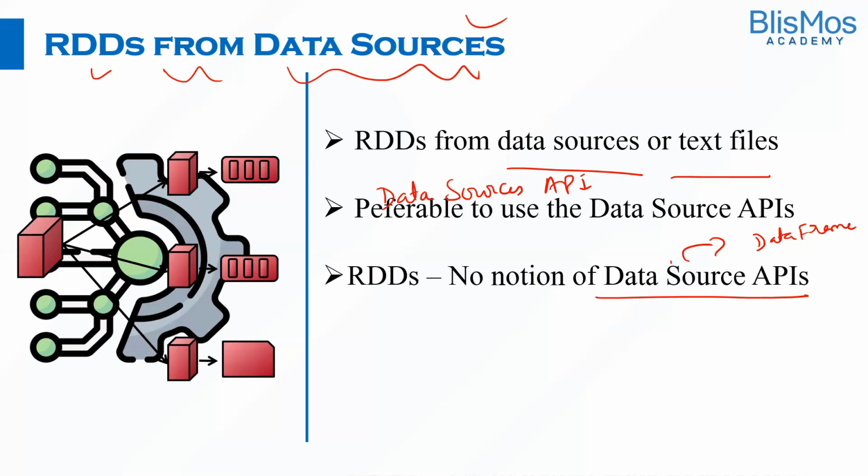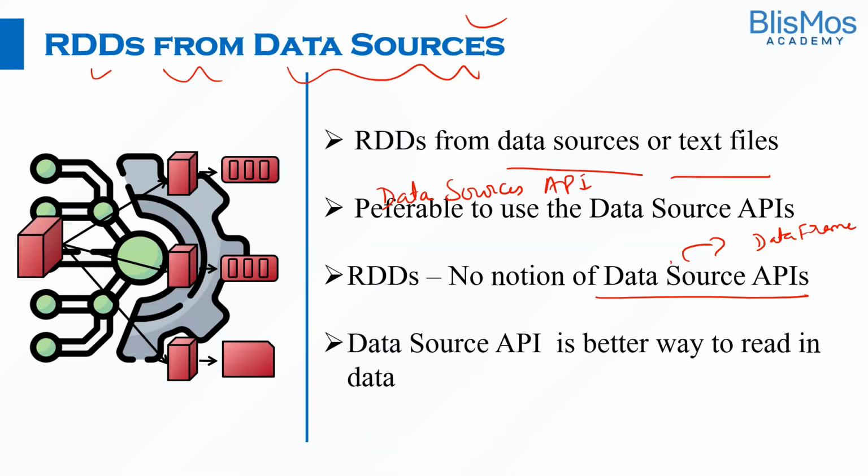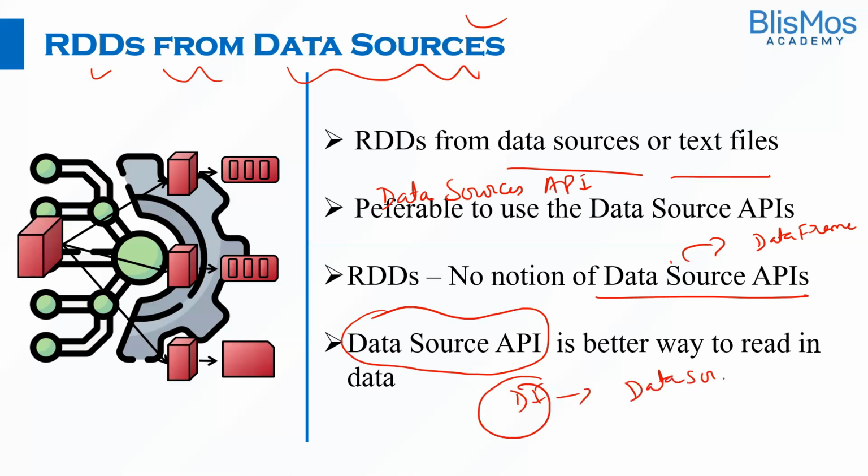That is the reason it is always better to create the data frame by reading any data source. When I say data source, it can be a file. This file can be a CSV file, JSON file.